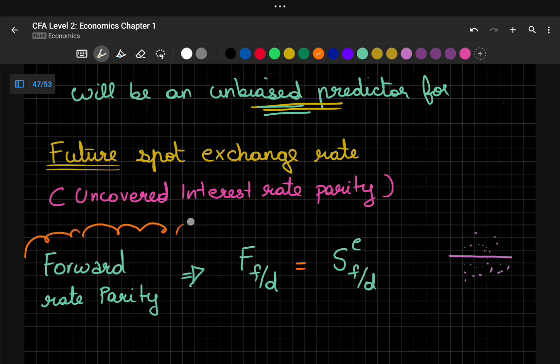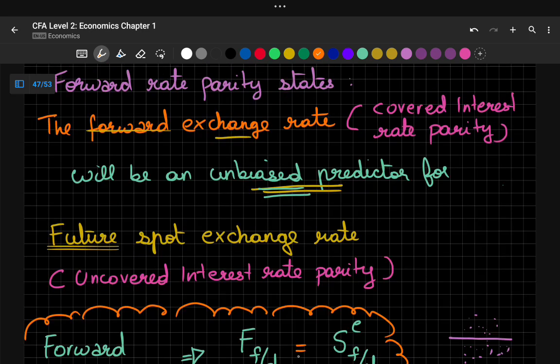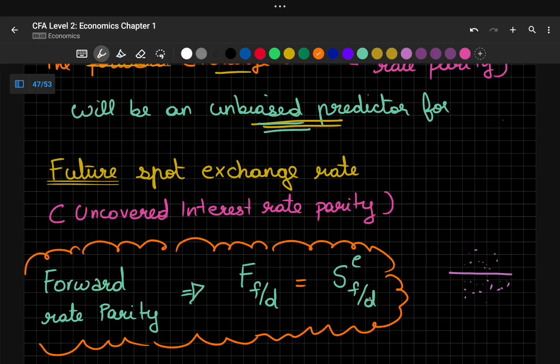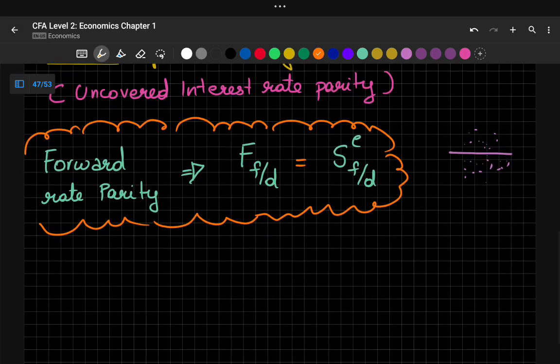So this is the equation, and that's why the word unbiased is given. It is not exactly equal, but it is nearing the expected future spot exchange rate.